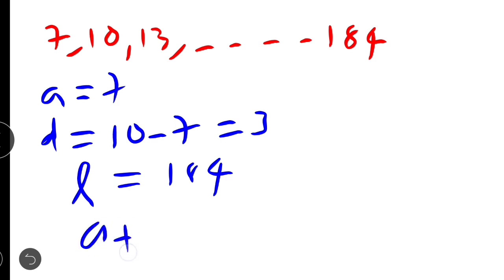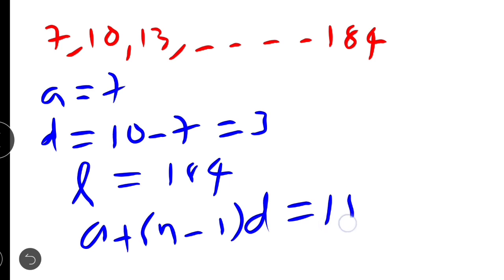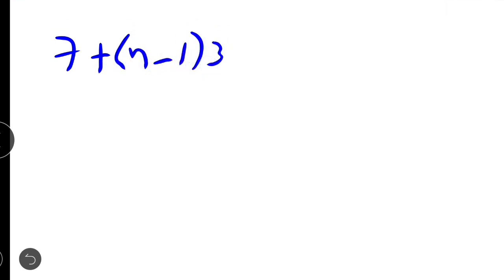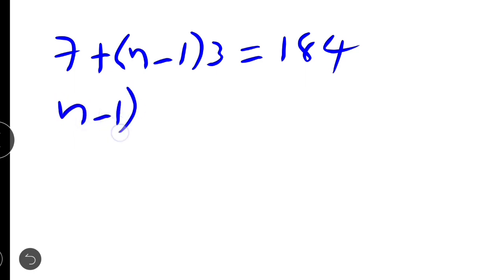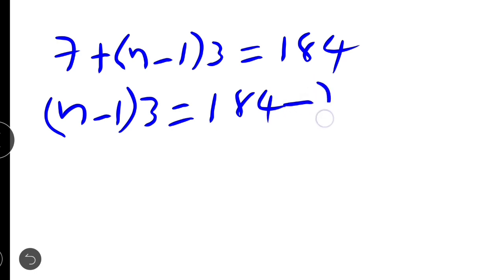So A plus n minus 1 into D equals 184. Substitute A and D values. A value 7 plus n minus 1 into 3 equals 184. So n minus 1 into 3, 7 transposed to the RHS. 184 minus 7 equals 177.